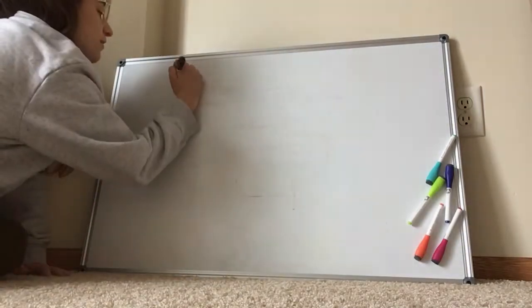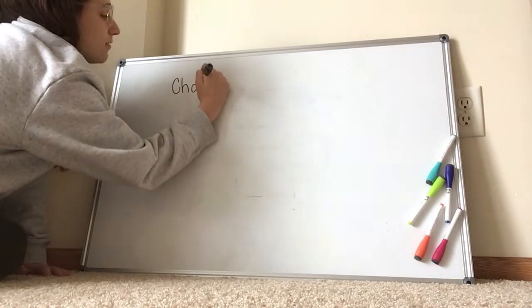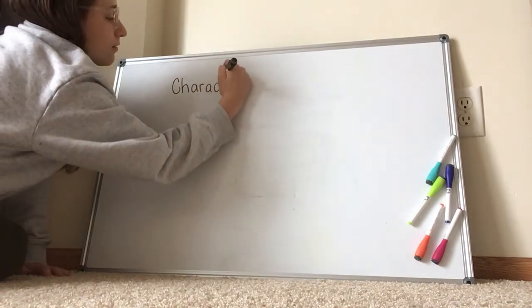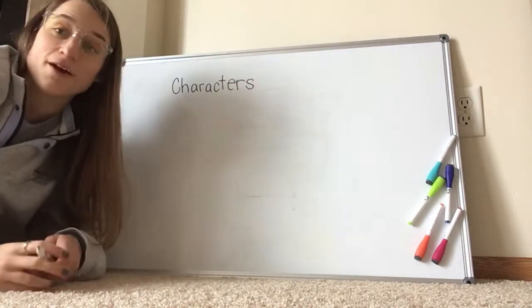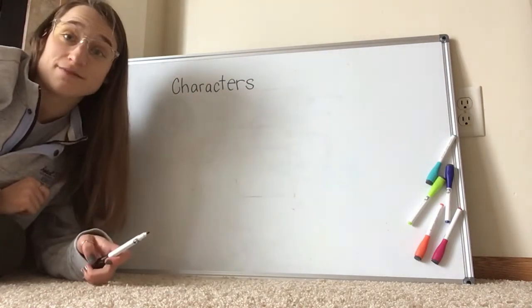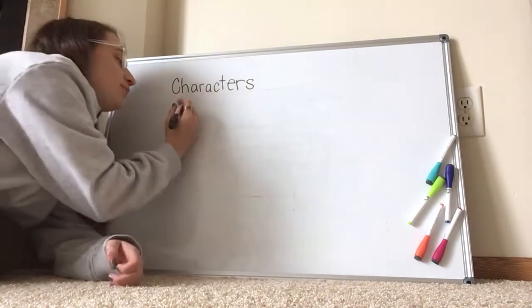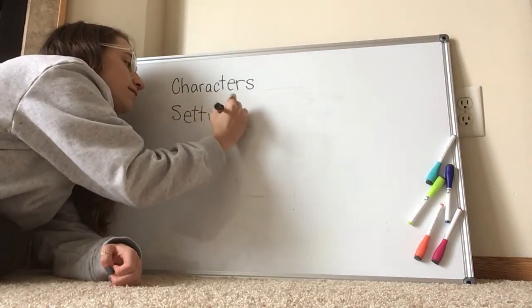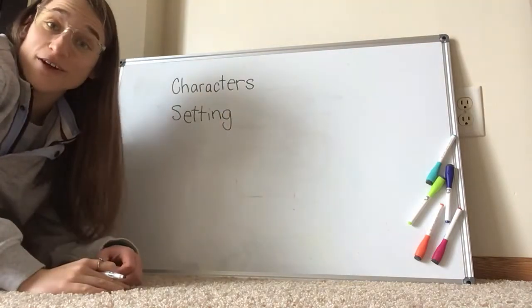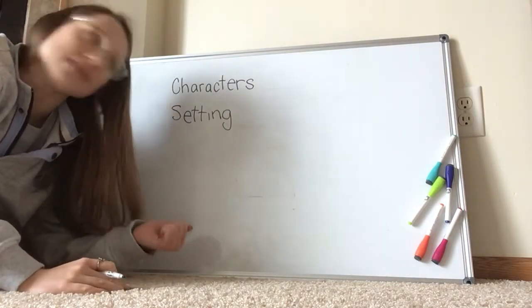So, we need characters, and friends, you all already know that that's who's in the story, right? Yeah. We need to think about our setting. And we all know that the setting is where the story takes place.